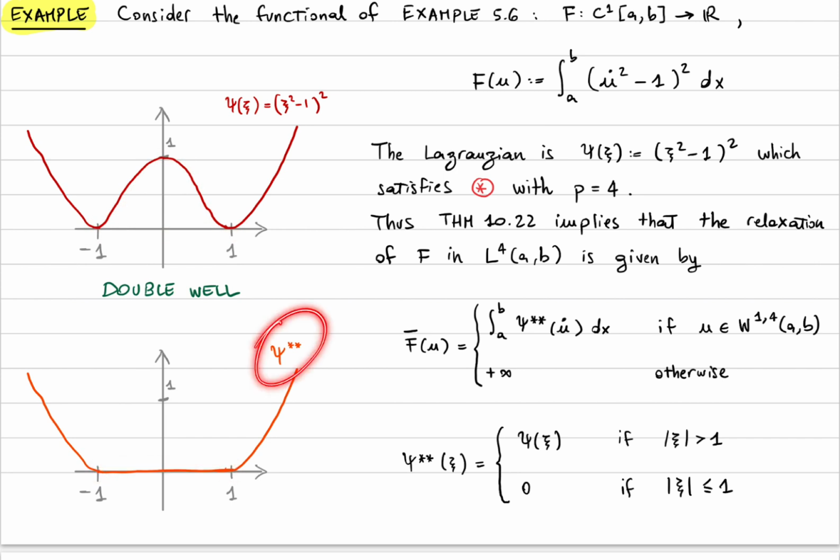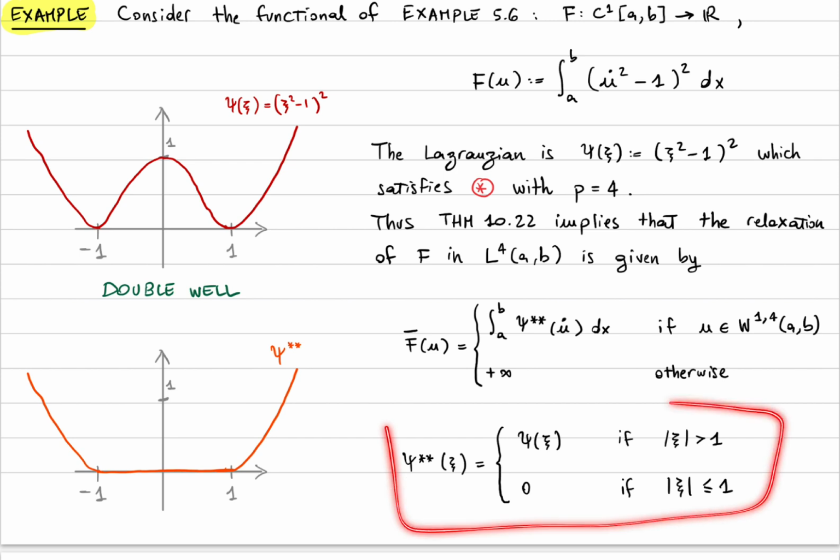So this would be the convex relaxation of the double well potential, which is written explicitly here. So you have your original function if xi is larger than 1 in absolute value, and 0 if xi is less or equal than 1 in absolute value.